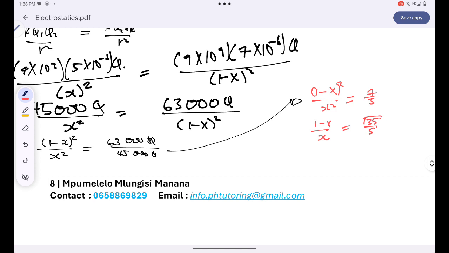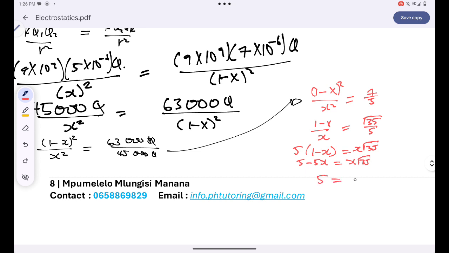Should I just cross multiply? Yeah, let me do that. I'll simply have 1 minus x multiplied by 5 is equal to x multiplied by the square root of 35. That's 5 minus 5x is equal to x times the square root of 35.